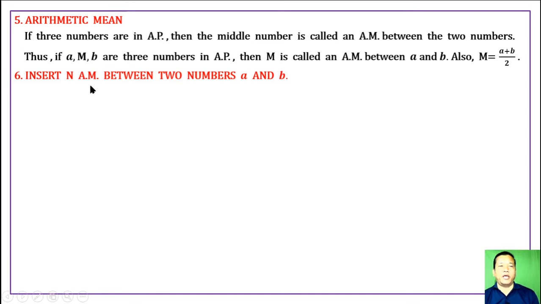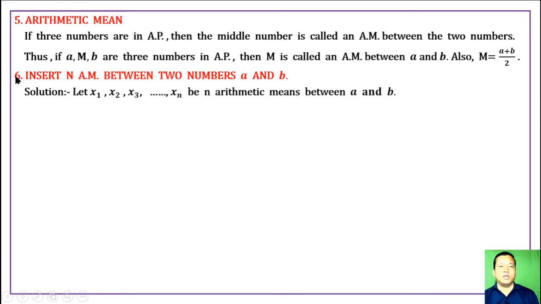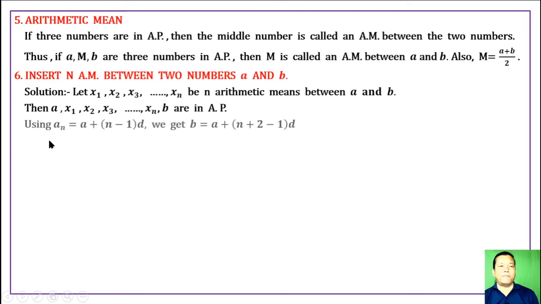Insertion of AM between two numbers a and b. Let n arithmetic means be inserted between a and b. Let x1, x2, x3, ..., xn be the arithmetic means between a and b. Then a, x1, x2, x3, ..., xn, b are in AP.